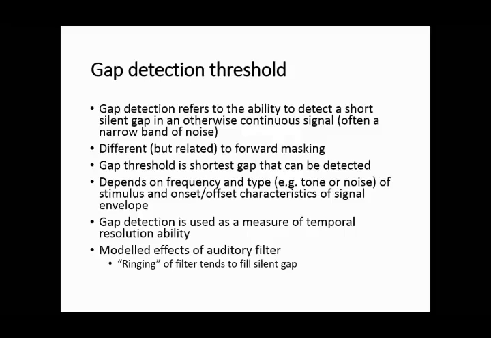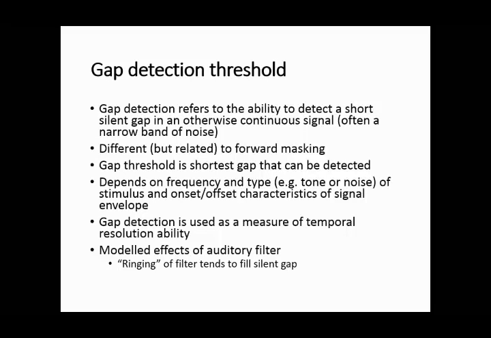Right, so gap detection refers to the ability to detect a short silent gap in an otherwise continuous signal. It is different to forward masking, but related, because it's the same effect. Because if you have forward masking, obviously, then the gap itself will be masked. Although it's not a stimulus, it's a gap, but it can be masked as well.